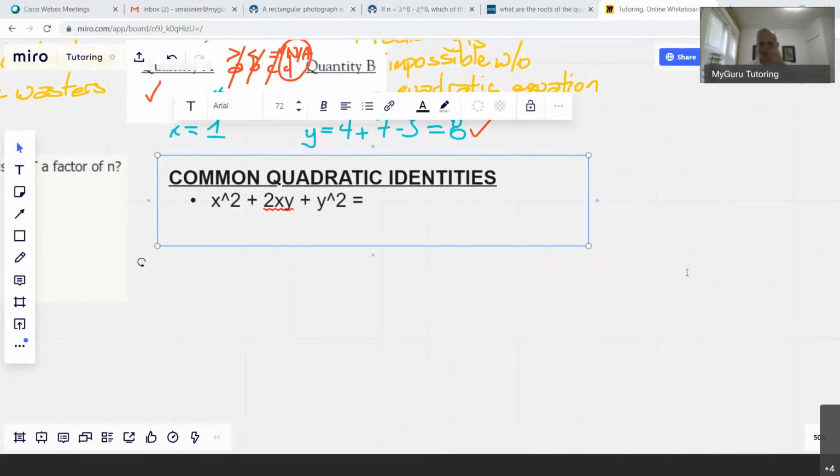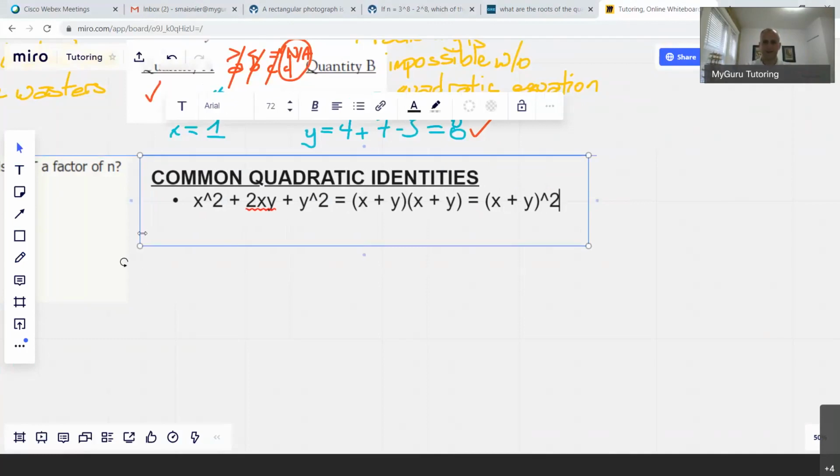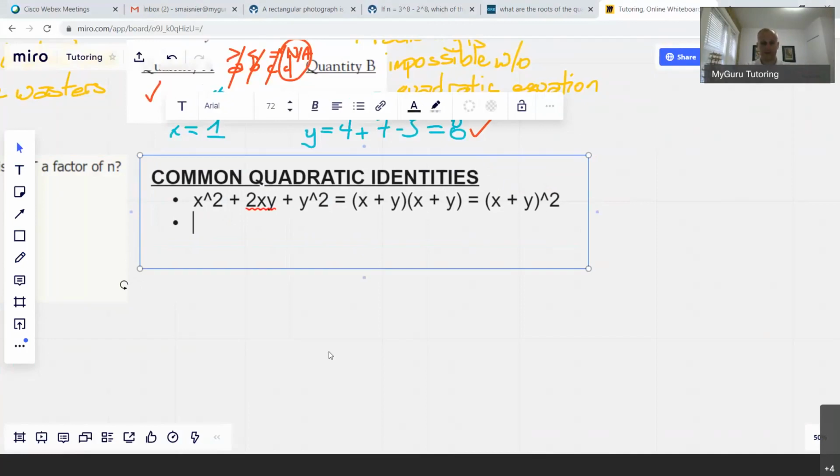So what is x squared plus 2xy plus y squared? And you factor it, and it is exactly x plus y times x plus y, or what is usually simplified even further to x plus y squared. So that's our first of the common quadratic identities. Now the second is going to be x squared minus 2xy plus y squared.